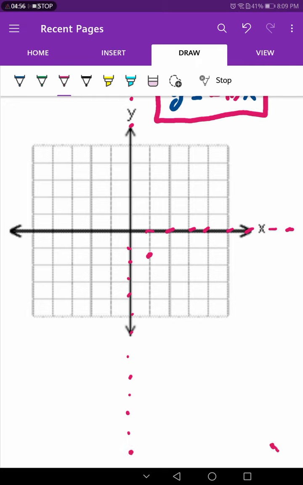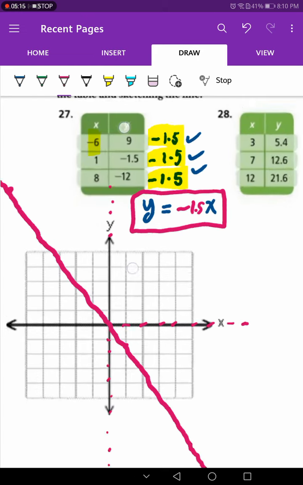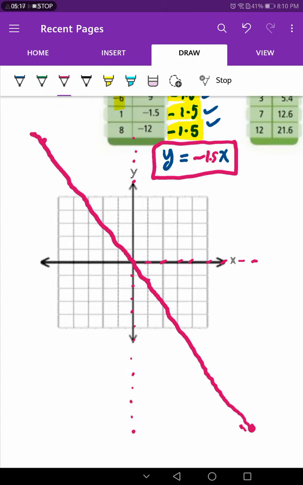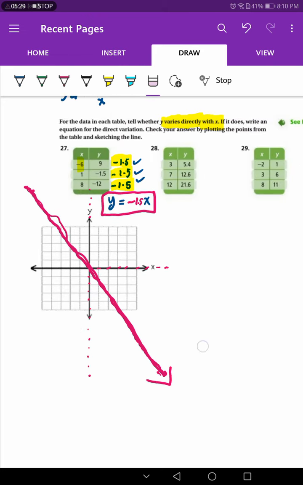If you connect them and draw a straight line, you will note that it passes through the origin, which is 0, 0. Because the k is negative, my dear student, the line goes down in this direction. Are you happy till now? I hope so.